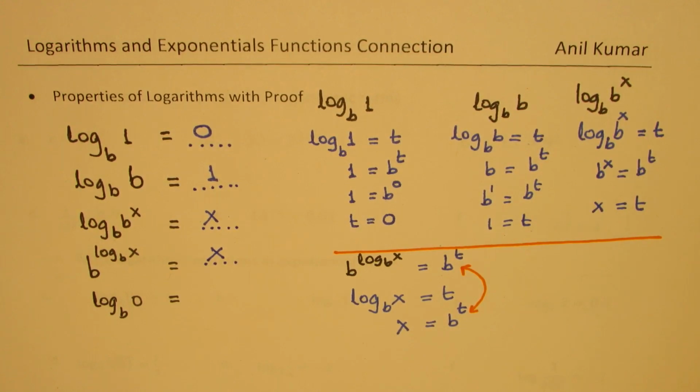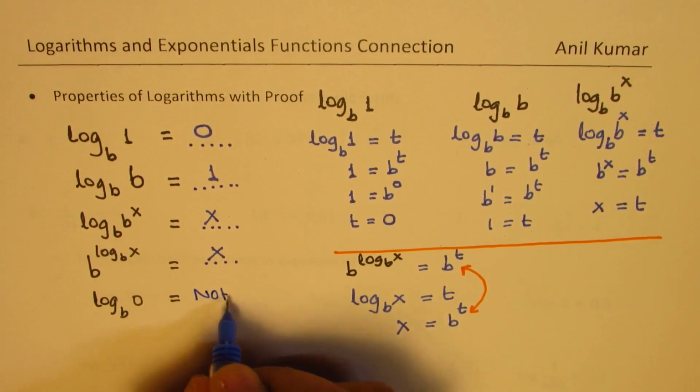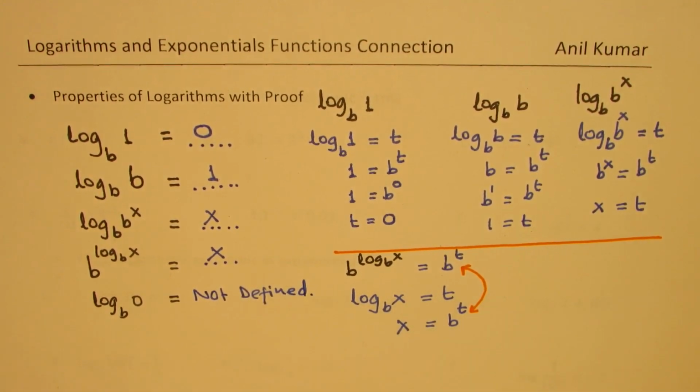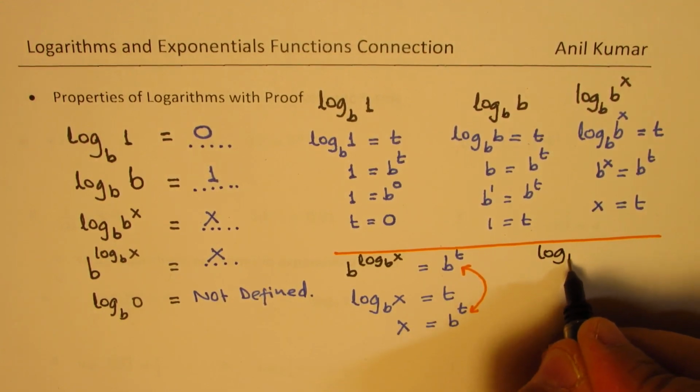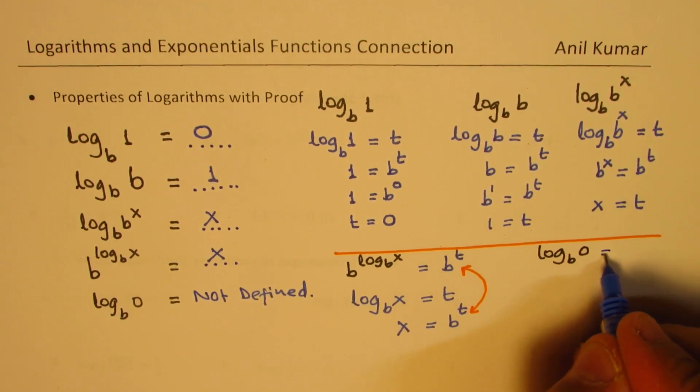Okay. Now let's get back to the last one, which is log to the base b of 0. Well, this is not defined. Let's prove it. We'll do a small proof for this also. We say we don't know what this is, let it be t.